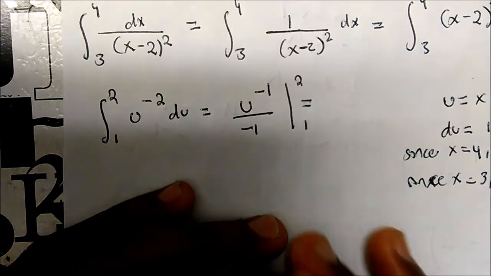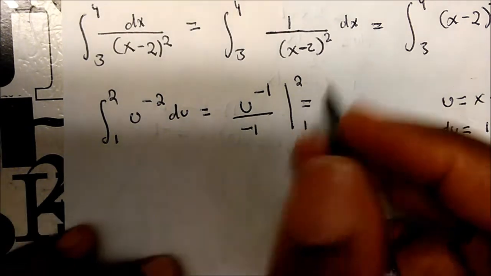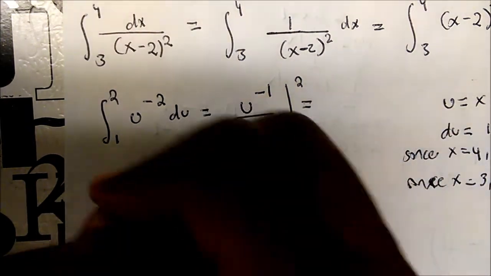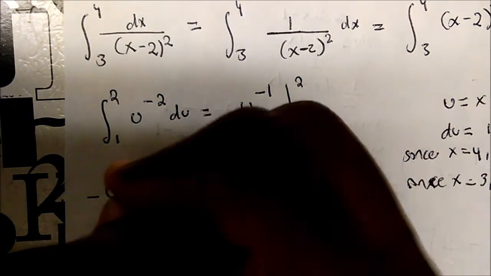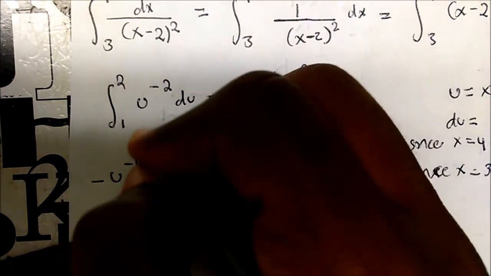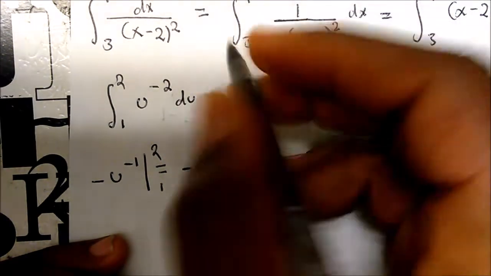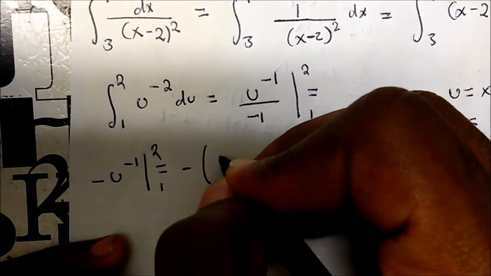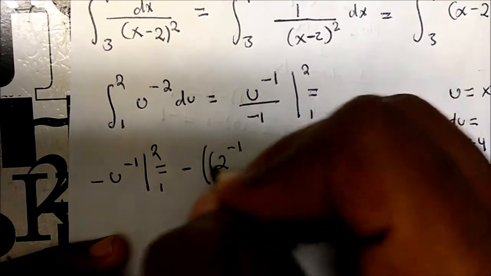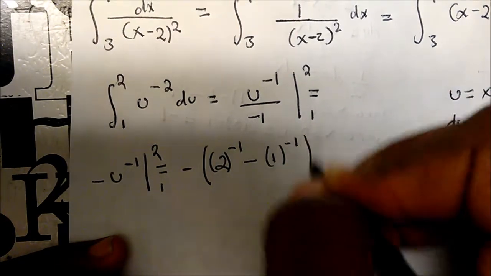Equal sign. And now we can just plug in our values. Now I'm going to factor out my negative here, so negative u to the negative 1 power is going to be evaluated from 1 to 2. And that is just equal to negative 2 to the negative 1 power minus 1 to the negative 1 power.